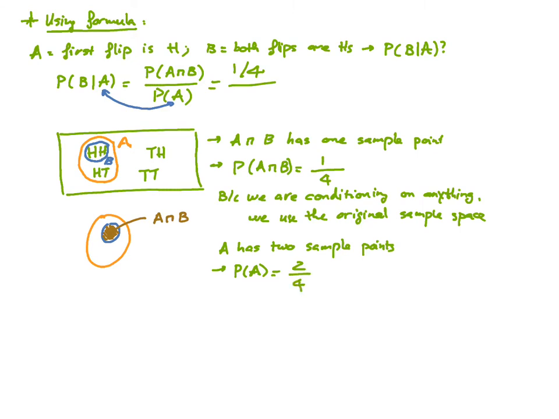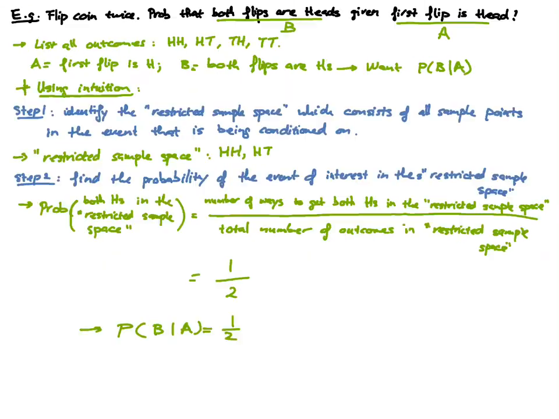Again, we're not conditioning on anything, so we use the original sample space. So the probability of A is 2/4. If you do the math here, you get 1/2. And that's exactly what we got using the intuition, 1/2.